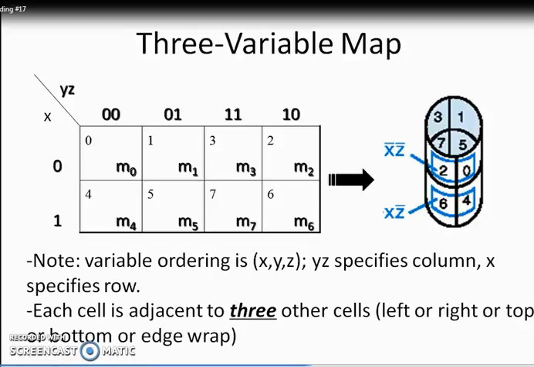So we are taking one variable, x, in 2 rows and the 2 variables y and z in 4 columns. We are assigning the values 0 and 1 for x and the pairs 0 0, 0 1, 1 1 and 1 0 for y, z values in the 4 columns.